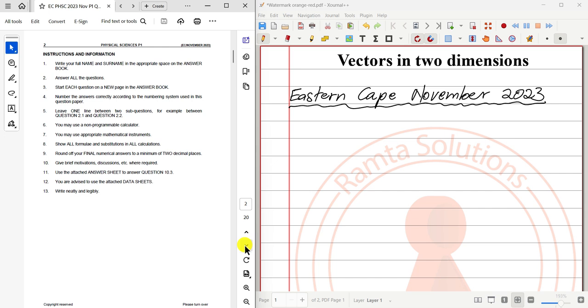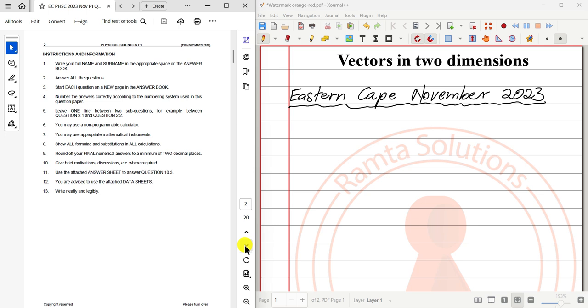Sometimes in the middle of your calculations, you will have very long decimals. So when you work with such, at least in the middle of your calculation, round off to about 4 or 5 decimal places. Then only round off your final answer to 2 decimal places. If you can do that, you will get the exact answer that your memo provides.